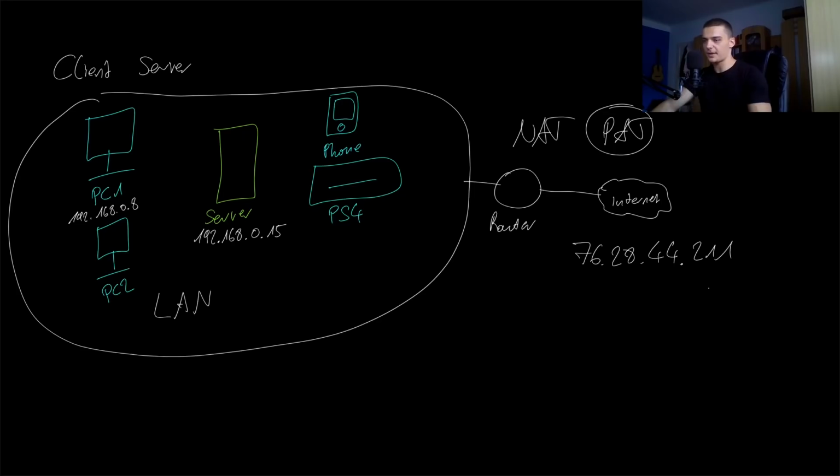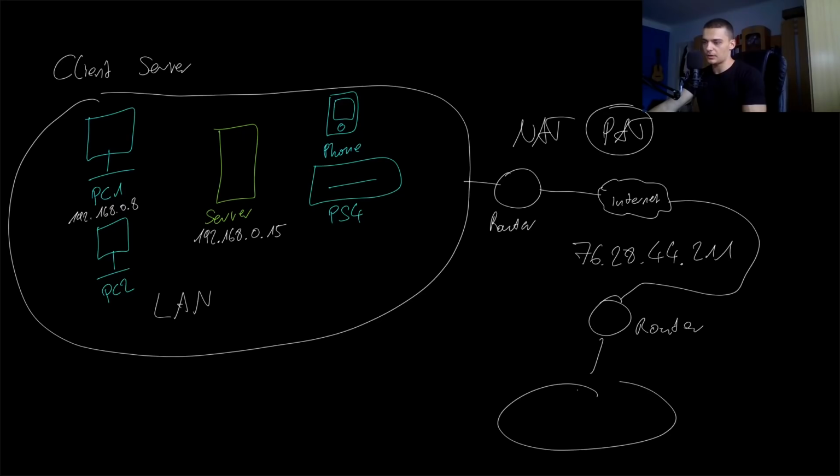It's not my IP address, it's the IP address of someone else, so don't think that this is in any way a relevant IP address, but this could be my public IP address. If I give you that IP address, this is what you have to address me with if you want to connect to me. So let's say you're also in the internet, you have another router here, and you have your local area network with your devices, computers, phones, servers, whatever.